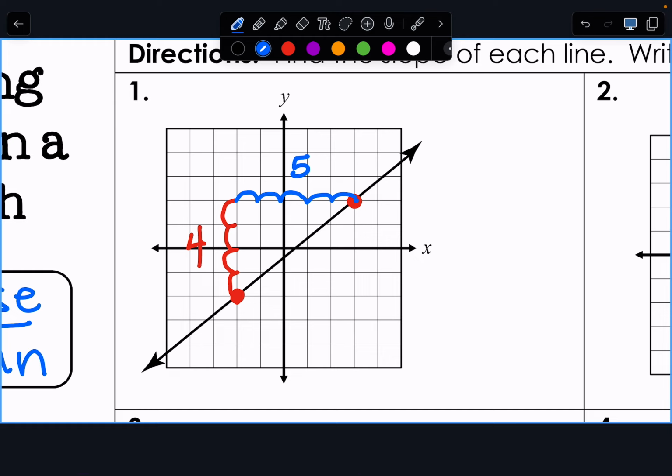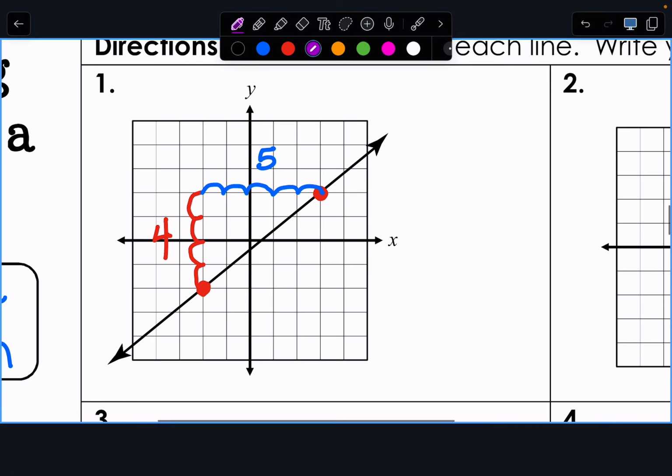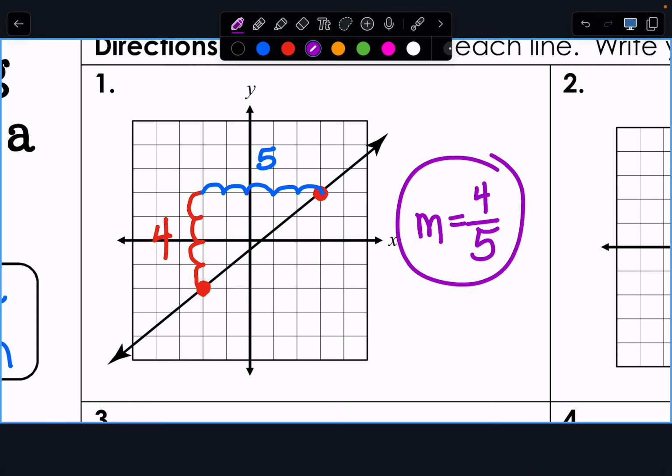So, our rise is 4, our run is 5, so our slope is 4 over 5. Does this line rise from left to right? Does it go up? Okay, so we have positive slope, so we need to make sure our number's positive. It is. Cool.